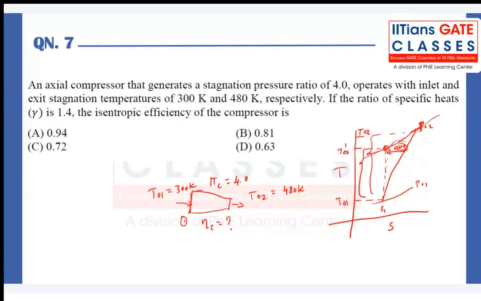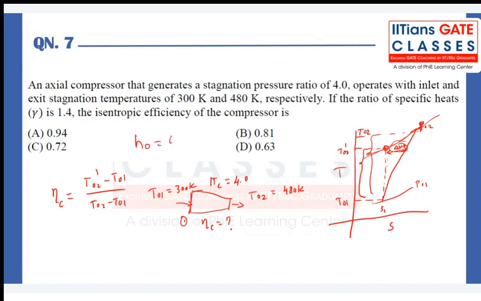So that is why I define the efficiency of the compressor as T02 dash minus T01 divided by T02 minus T01. This is actually the enthalpy change in an ideal process to the enthalpy change in an actual process. That's what the work done is represented by. Since we are treating it as a calorically perfect gas, I can take Cp out and cancel it out. So H naught can be written as Cp T naught.